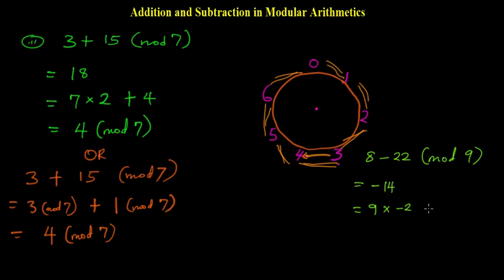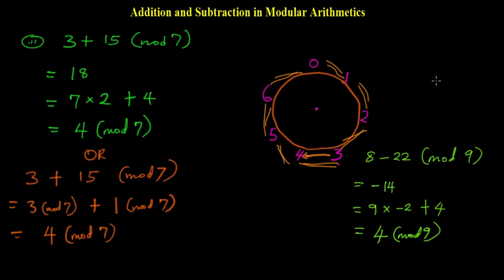We can only do that by adding 4. That is, 9 times minus 2 gives minus 18, and minus 18 plus 4 gives minus 14. Therefore, our answer will be 4 modulo 9.